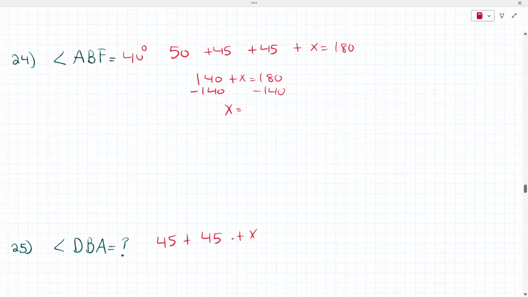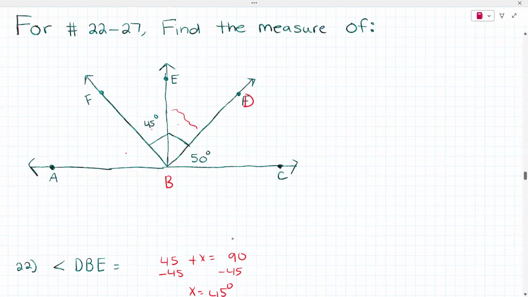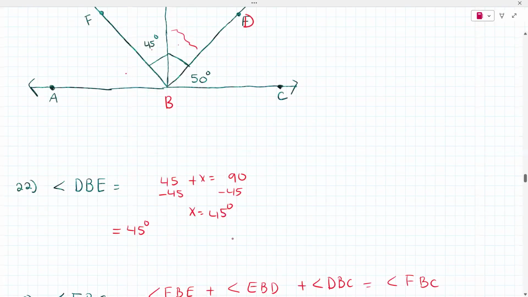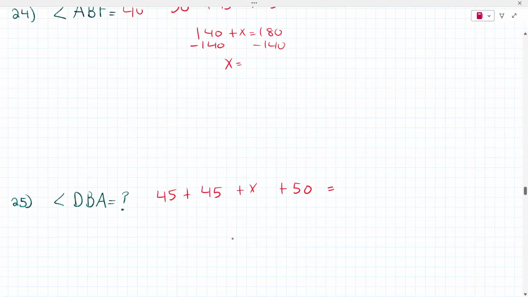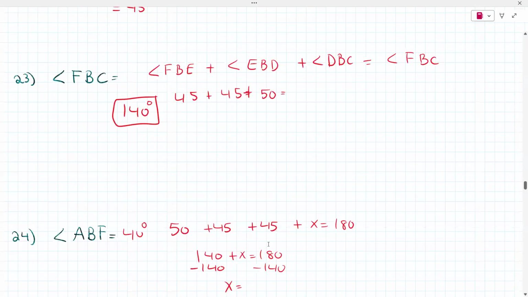Okay, no, we don't. But we do know that if you add up angle DBC, that's 50, and they all form a straight line, so you set it up to 180. So 45 plus 45 plus 50 is 140, plus X equals 180. Subtract 140, you get X equals 180 minus 140, which is 40 degrees. So angle DBA is 40 degrees.